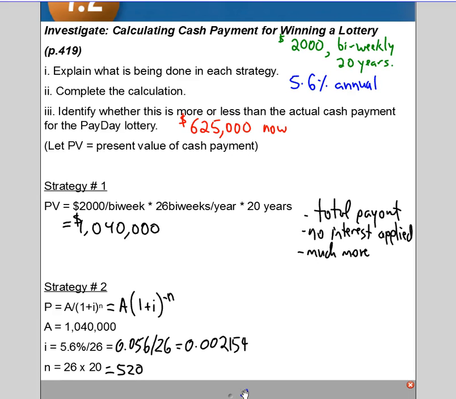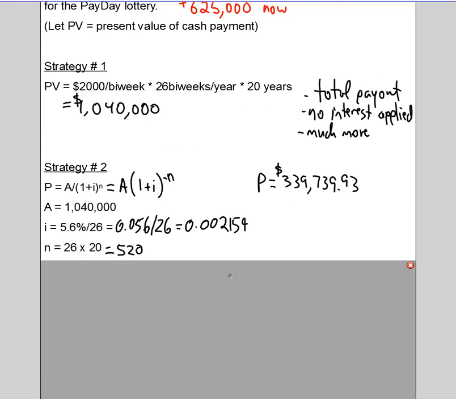When we calculate that present value, we'll get how much would need to be put into an investment right now once in order to pay out $1,040,000 in 20 years. Okay, so it's actually a fairly small amount. It would only take about $340,000 invested now over 20 years with 520 compounding periods during that time would grow to $1,040,000.